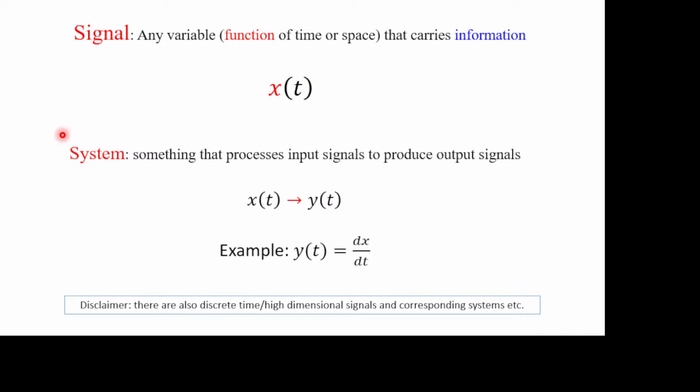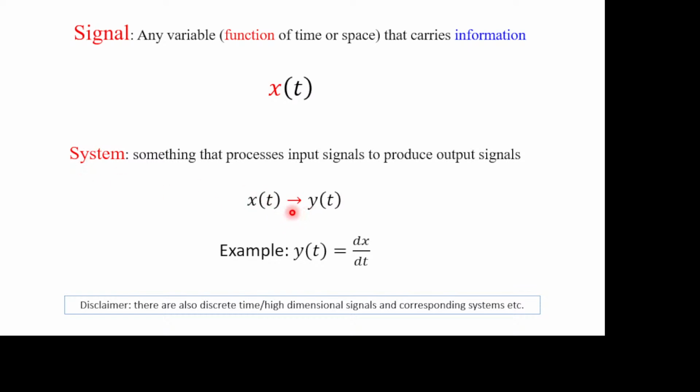As we say, a system is something that maps a function to another function. So like here, we map this function x of t to another function y of t. And as you can probably see, this is a really confusing notation. This is just how we express the system. So x of t is the input signal, and y of t is the output signal.